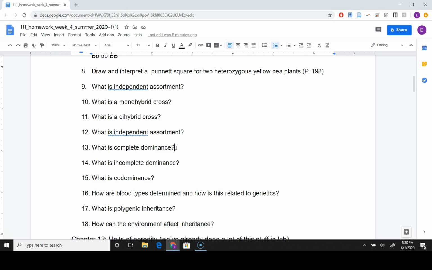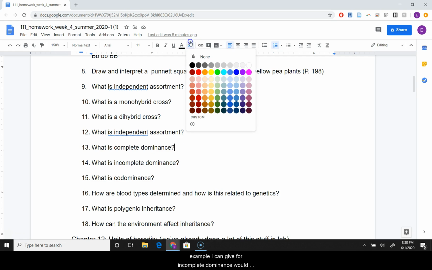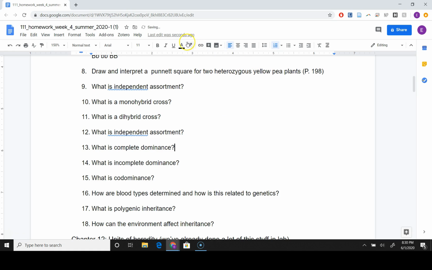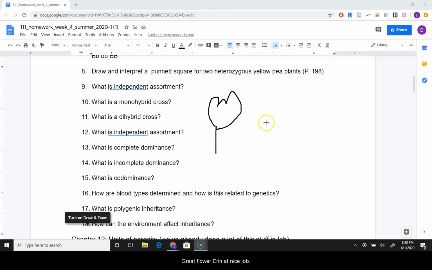Incomplete dominance, and again check out the lecture, but the best example I can give is flowers. So let's say we have a flower here. Its alleles are going to be lowercase r, lowercase r.